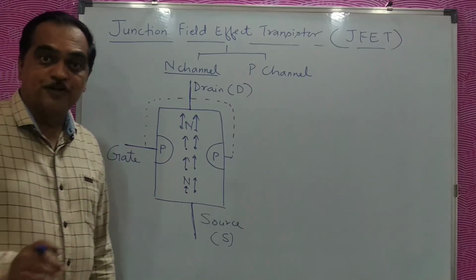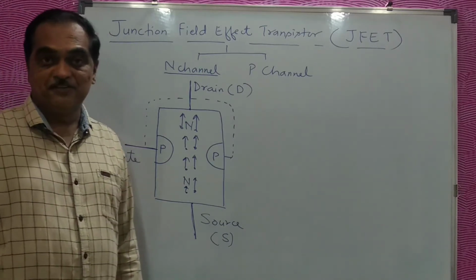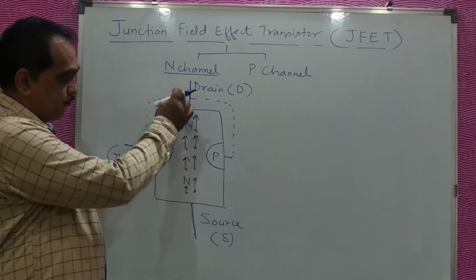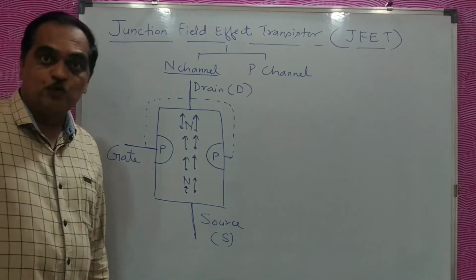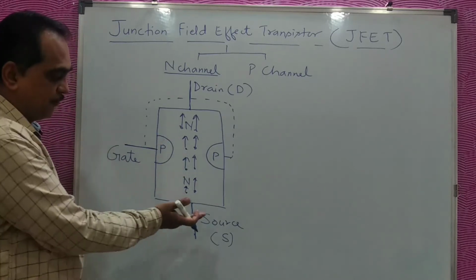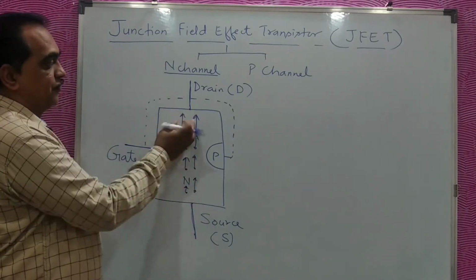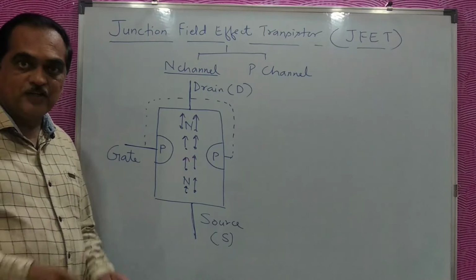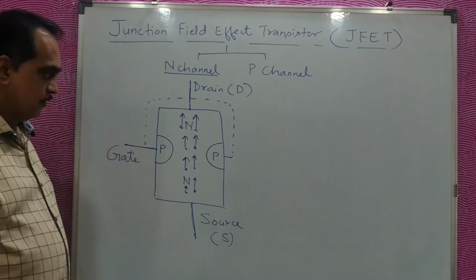This is the flow of current for this device, N-channel JFET. Now this flow from source to drain will take place only when you apply a proper voltage between source and drain, so that electrons from here will repel and electrons here will be attracted. That supply you can give.